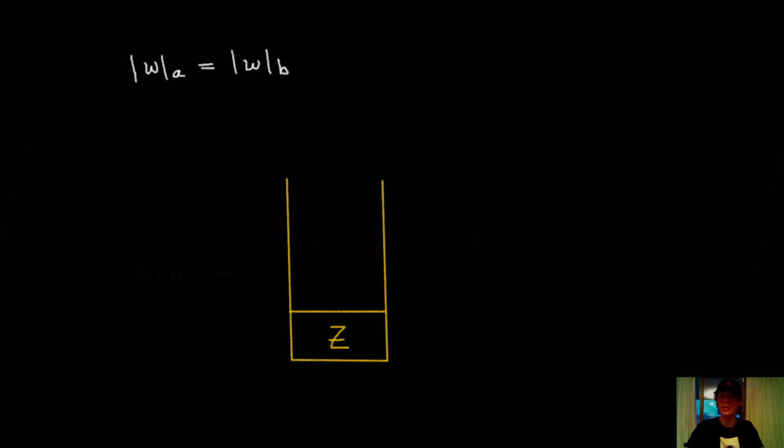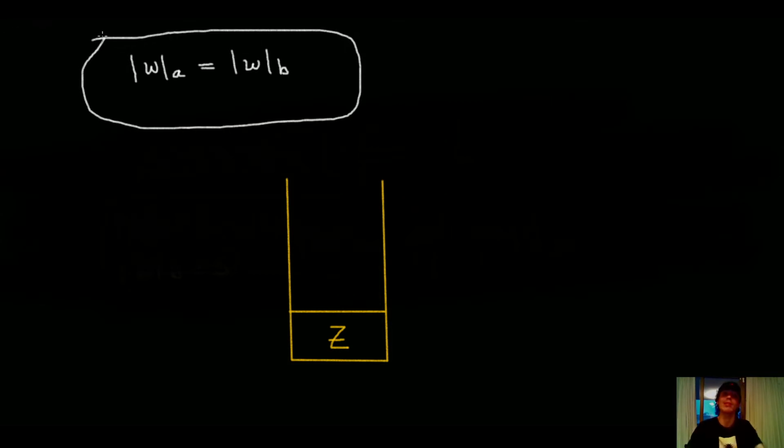So what is the behavior of this PDA? Well, here the idea is that we have to verify that we have the same amount of A's and the same amount of B's.